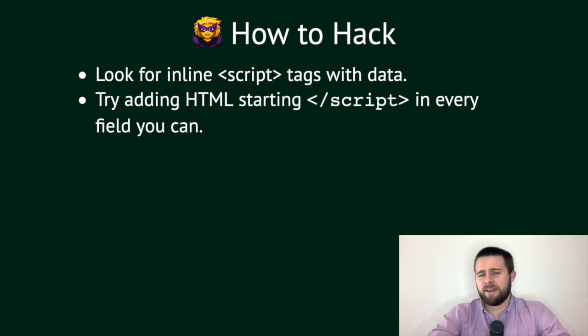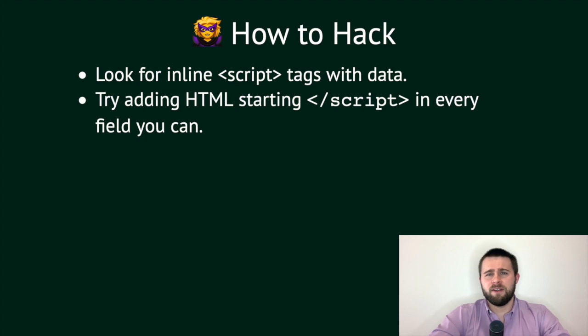As hackers, what extra can we learn here? The first thing is to look through the generated pages on a site for inline script tags that seem to be passing data through. Anything that contains some data is potentially exploitable.